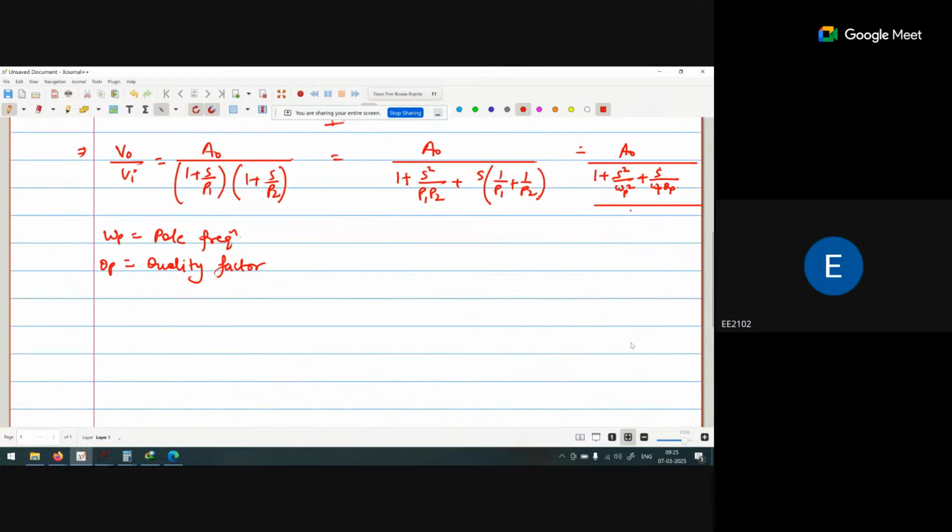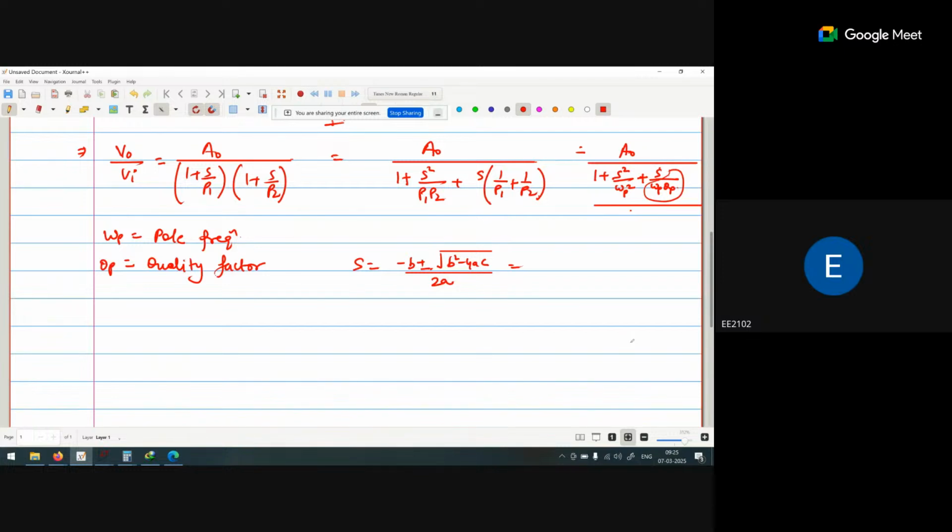So how do we get the pole locations? This is a second order quadratic equation. If we solve this quadratic equation for S, the formula is minus b plus or minus the square root of b square minus 4ac, divided by 2a. What is b? The value of b is this one.